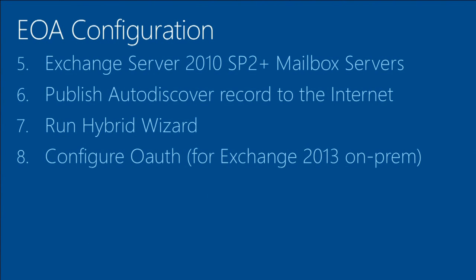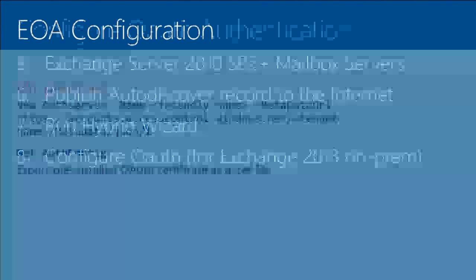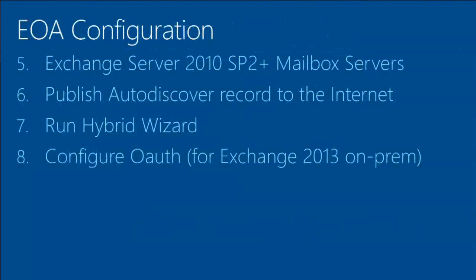Once you're done with the hybrid wizard, one extra step, if you are on Exchange 2013, is to set up what is called OAuth authentication between your Exchange 2013 servers and the cloud. You only need to do it once, but that allows cross-premises e-discovery to work. When you try to do this with only 2010 servers and then archive to the cloud, you do not need to perform the last step of OAuth.